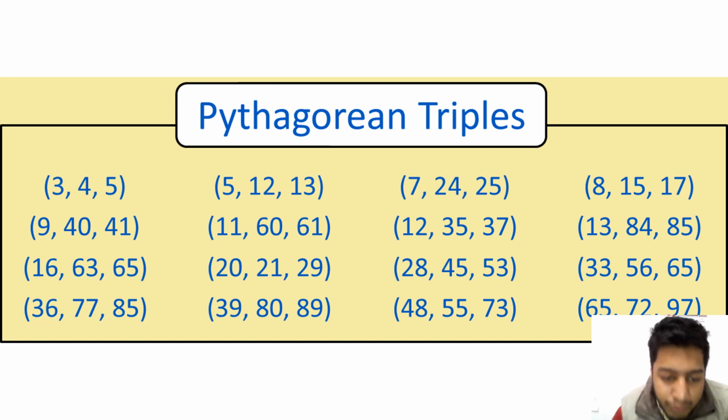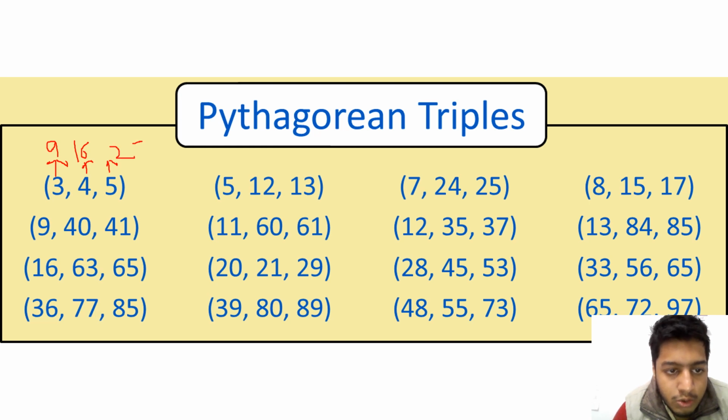Taking the first triplet, the square of 3 is 9. I will write it for you over here. Square of 3 is 9. Square of 4 is 16. And square of 5 is 25.